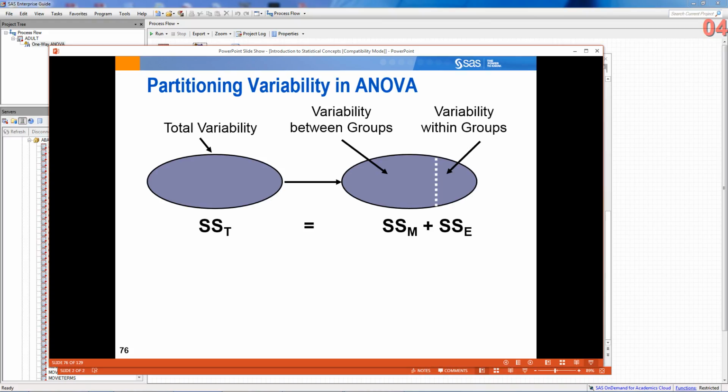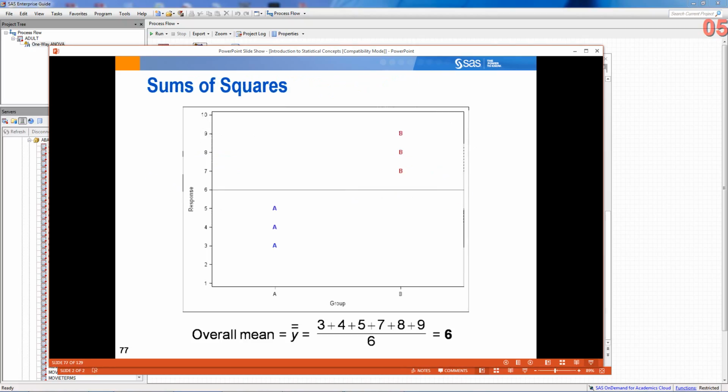So the total variability is basically the sum of variability between groups and variability within the groups, and we need this information to come up with a way of saying the variability between groups affects the total variability more than the other part of the equation.